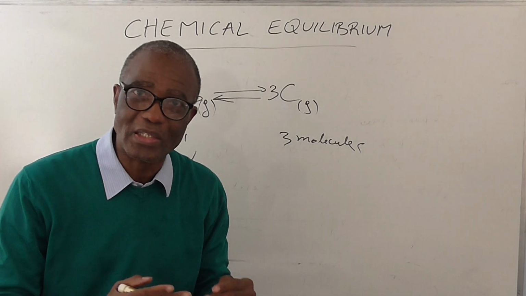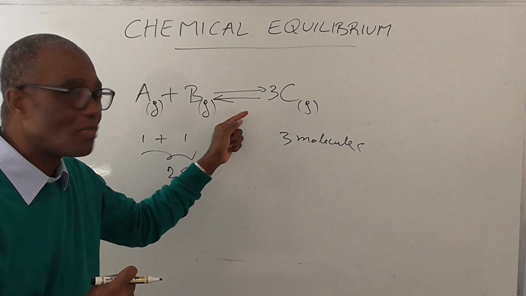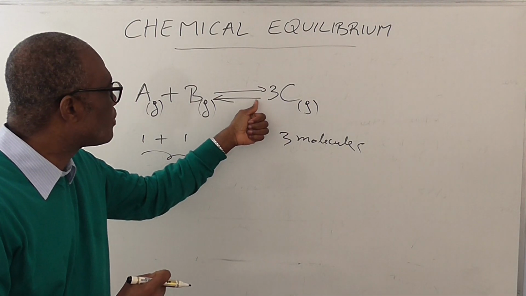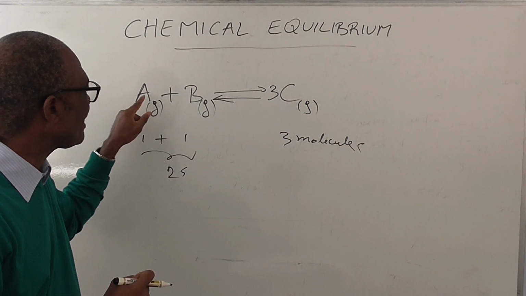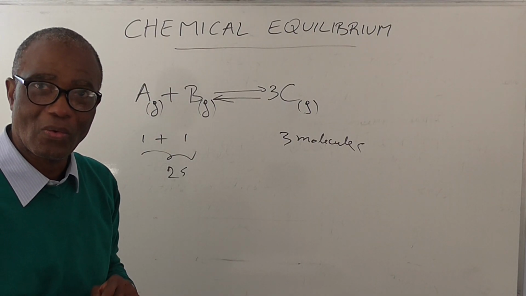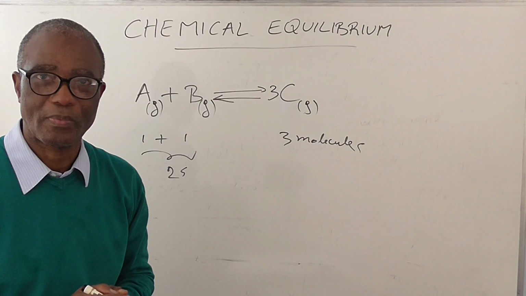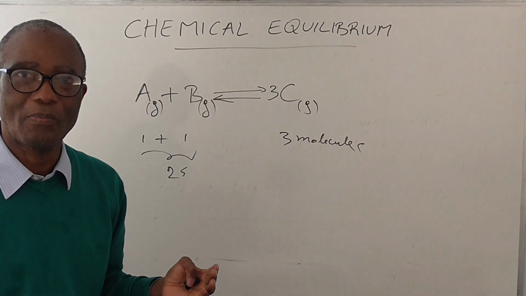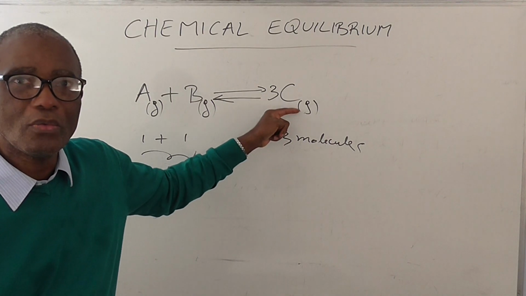Because it is a gaseous reaction, if we increase the pressure, the equilibrium shifts to the left, producing more A and B. This is Le Chatelier principle. But if we decrease the pressure, then we are going to have more of C.